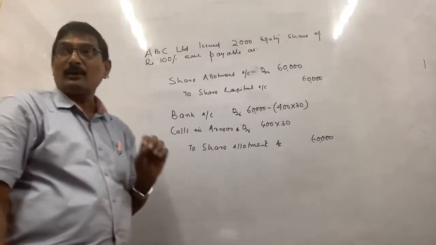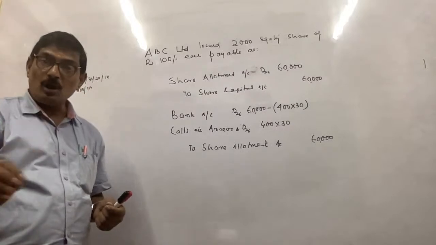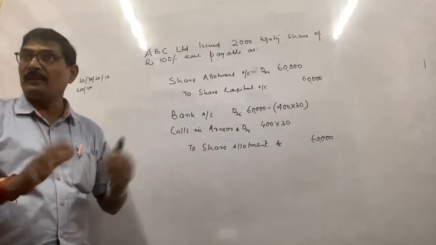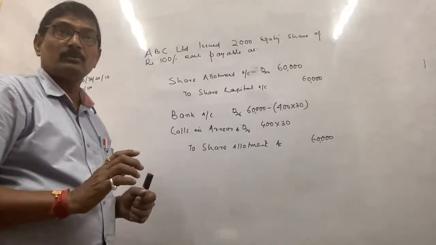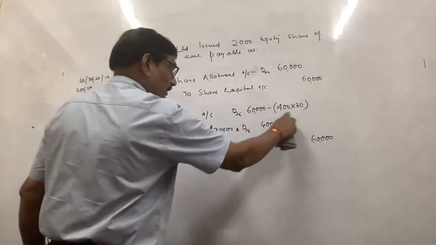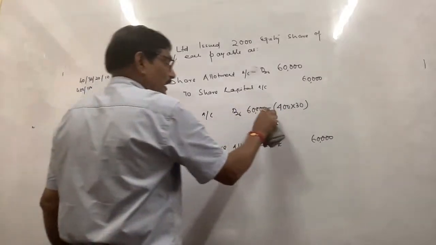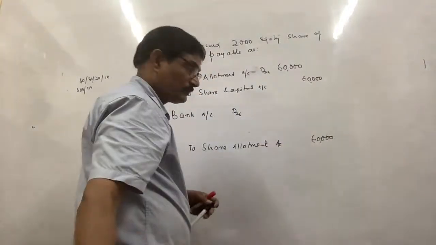But suppose in the question it is specifically given that you should not open calls in arrear account. It will be given: pass necessary journal entries without opening calls in arrear account. In that case, what will we do? The entry will be bank account debited, don't use calls in arrear, and here the amount will be how much?